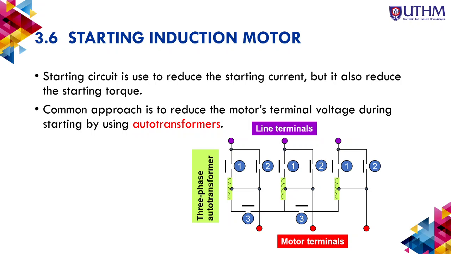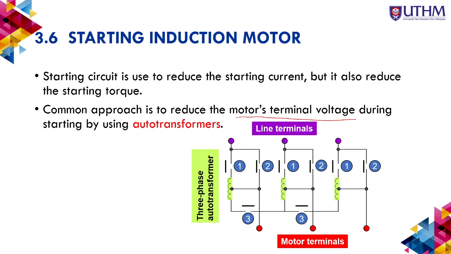The common approach is to reduce the motor terminal voltage during starting by using an autotransformer. If the current is too high at starting, they will reduce it, and after that they will change again to the normal condition, or the rated value.